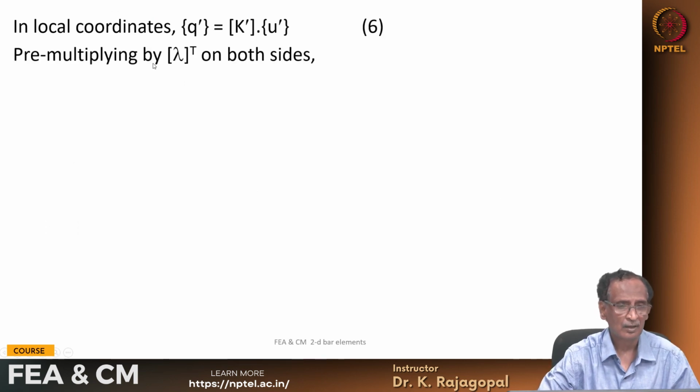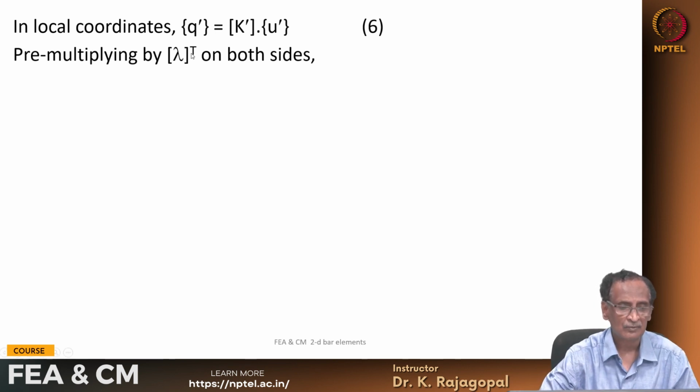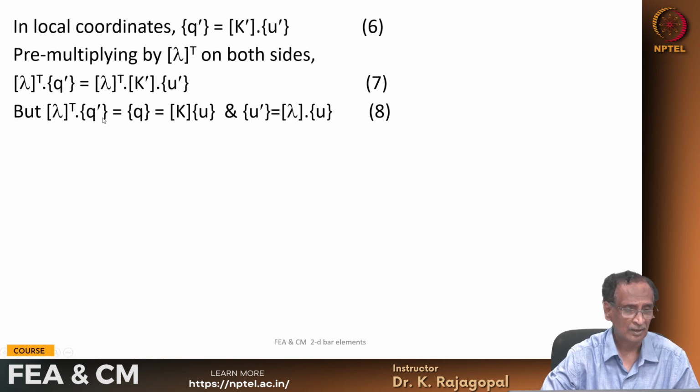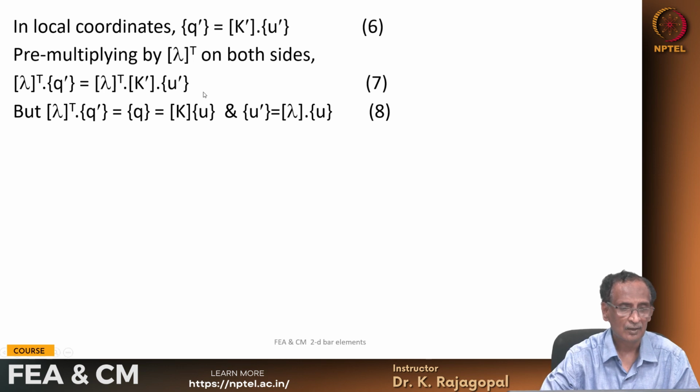So we can start with the force in the local coordinates, q prime is k prime times u prime, and let us multiply with lambda transpose on both sides, and we get lambda transpose times q prime is lambda transpose k prime times u prime. But lambda transpose q prime is nothing but q, the force vector in the global coordinates, that is also equal to k times u. And u prime is lambda times u.